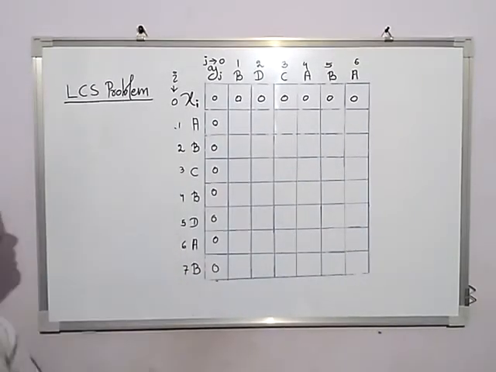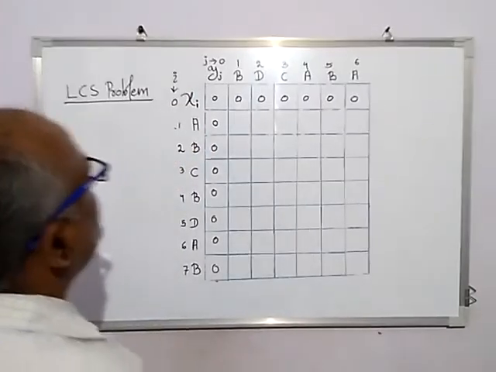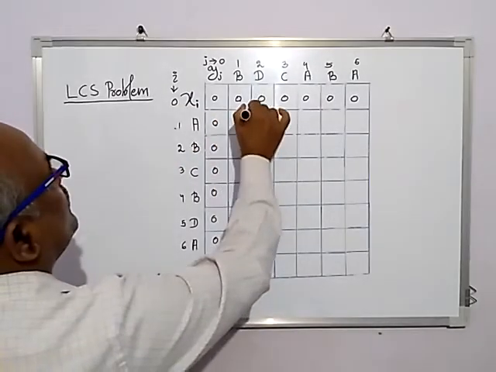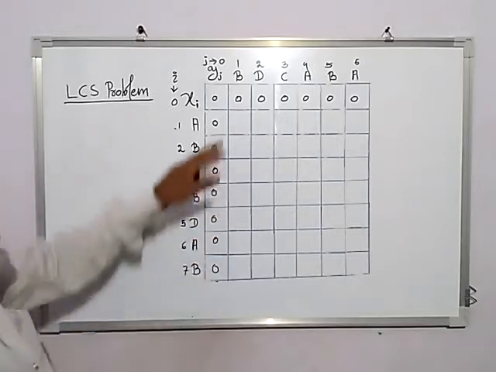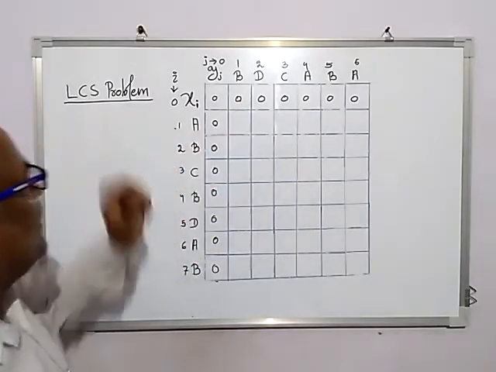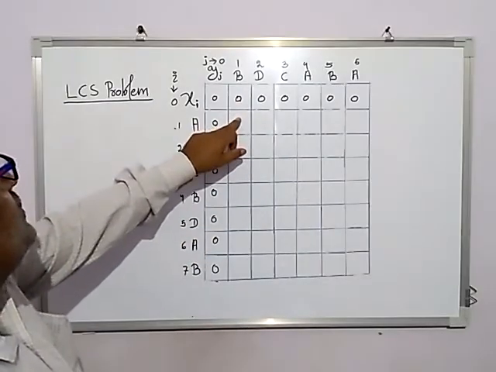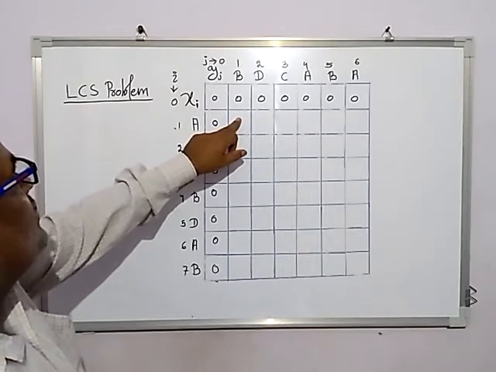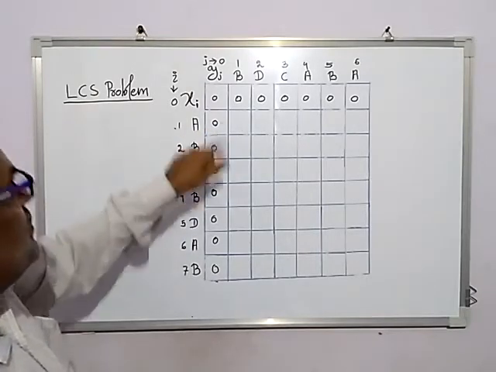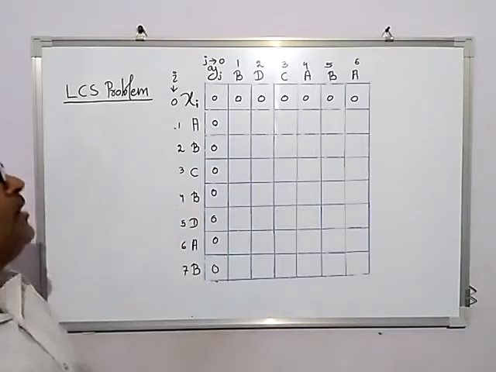Now, after initialization of top row and left column, how to find out the value of each box? Since it represents B table as well as C table, each box holds two values, one value for C table and another value for B table.